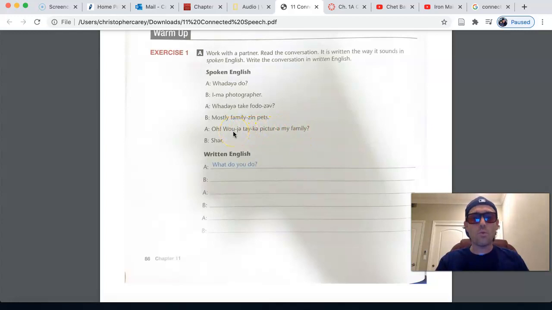Written form, would you take a picture of my family? Written form, much more difficult to pronounce. If we were to do every consonant sound and every vowel sound, really no rhythm there.